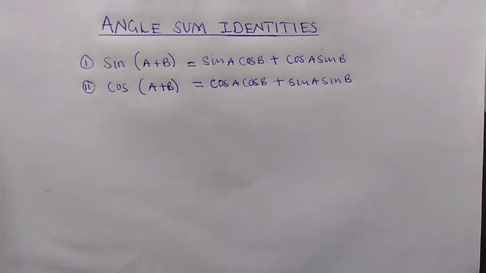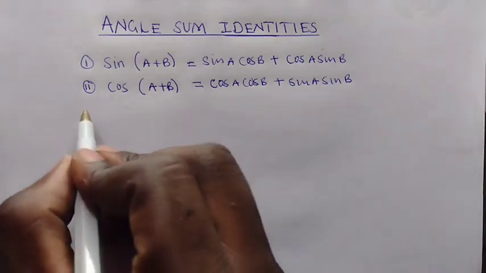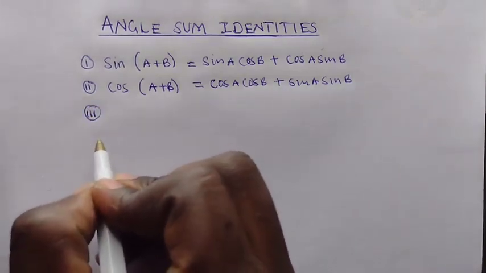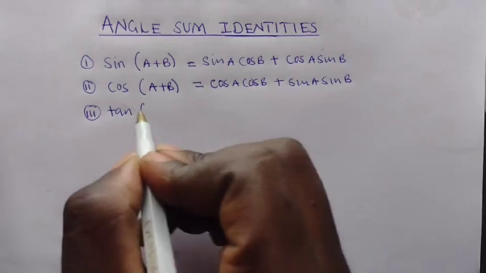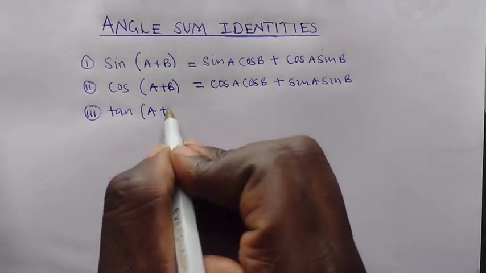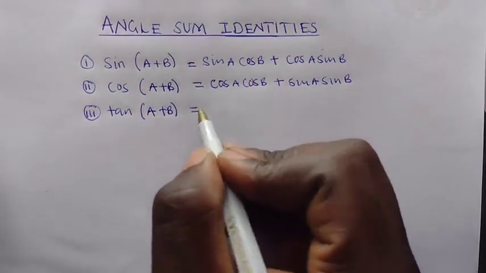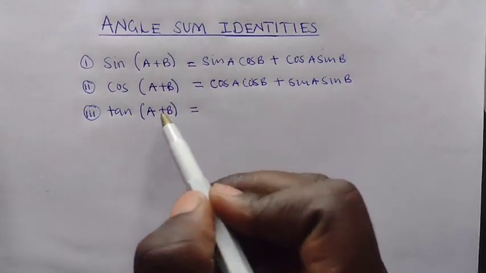Now let us look at the third one. The third one will be for tan. We have tan A plus B. Remember we are looking for sum, that's why we are adding these angles.